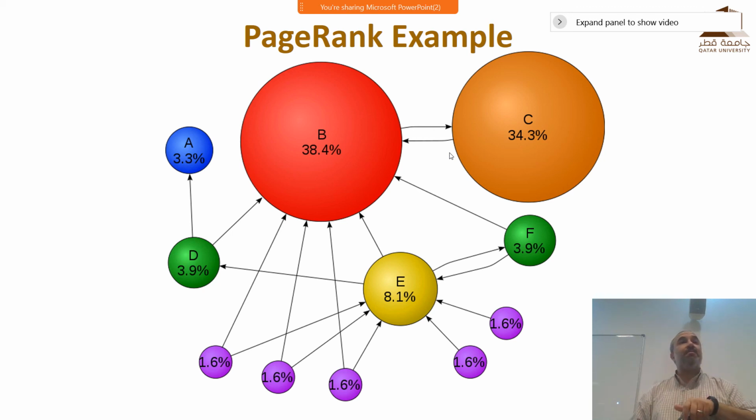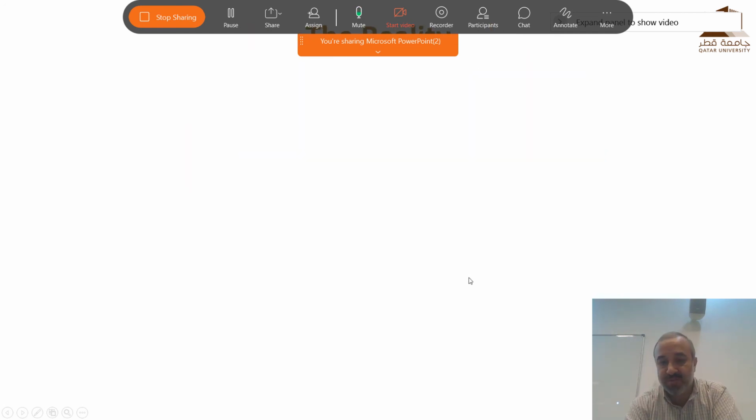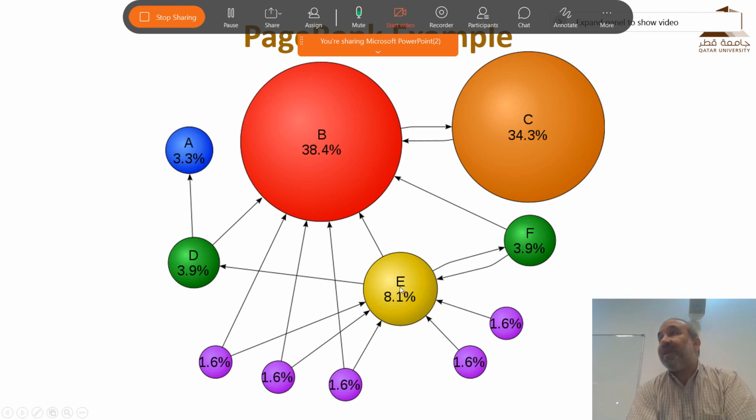Yes, Abdullah? E is not as important as B because it's linked from non-important pages. Yes. If you look at the number of in links of E and B, maybe they are the same, or maybe E has more links. But the PageRank of E eventually is much less than B. Why is that? Because it's pointed to by unimportant pages. Okay, very good. Any questions?